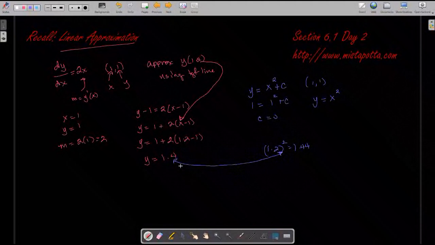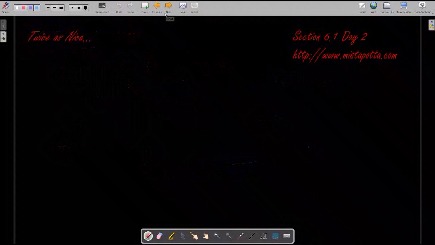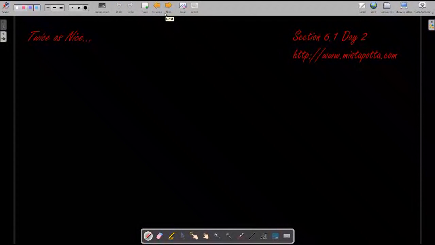It's not anywhere near being exact, but this technique that we're going to be talking about, this Euler's technique, is going to be a better approximation. The idea is that if one tangent line is good, then 2 should be twice as nice.